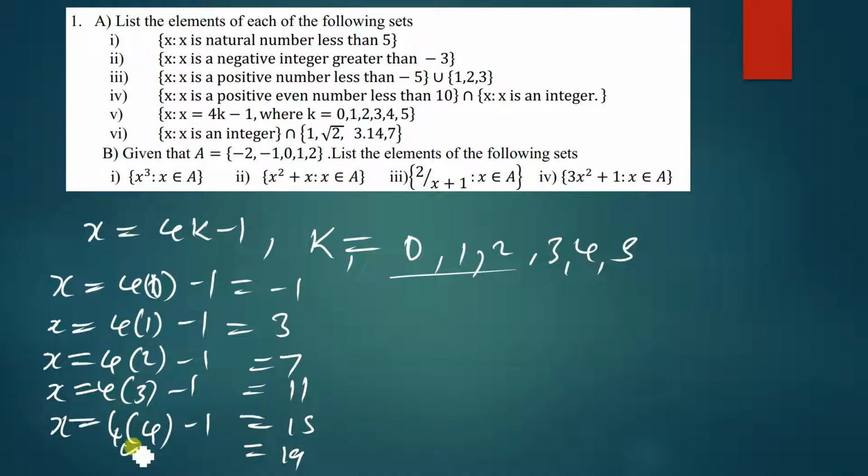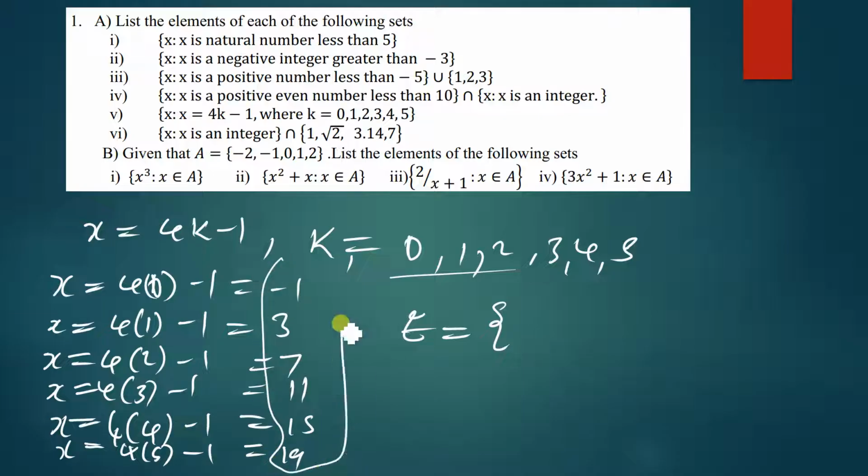So when k is 5, the value of x becomes 19. So our set E, I'll call my set for part 5 set E. So my set E is therefore going to be, we just get these solutions there. So we have negative 1, 3, 7, 11.